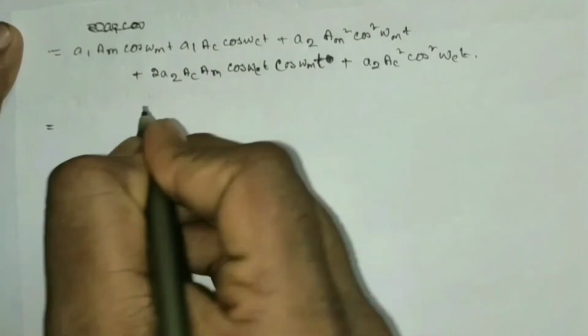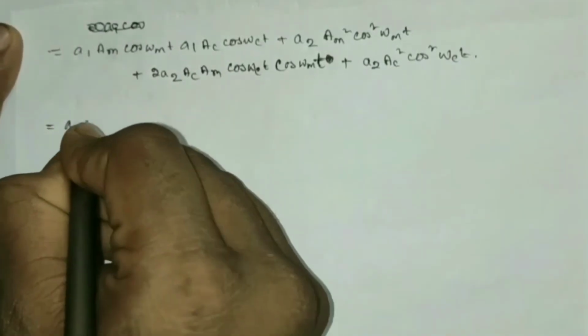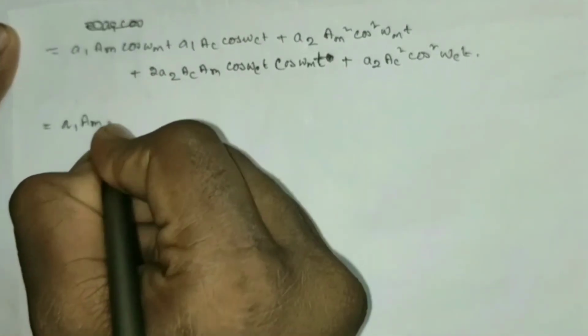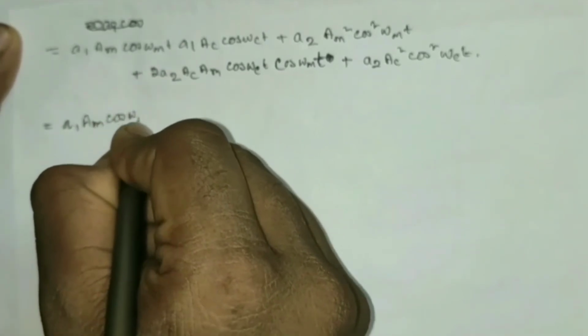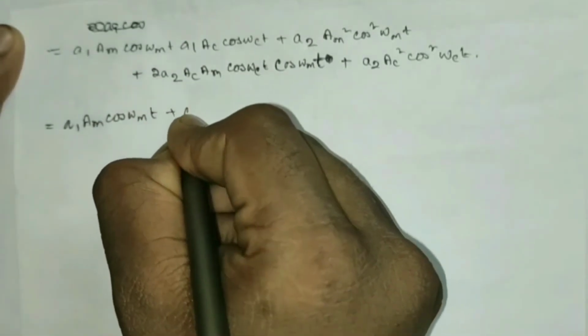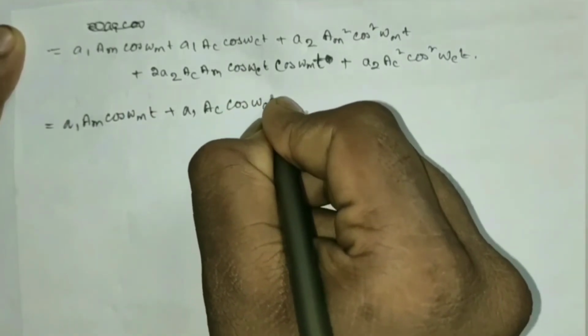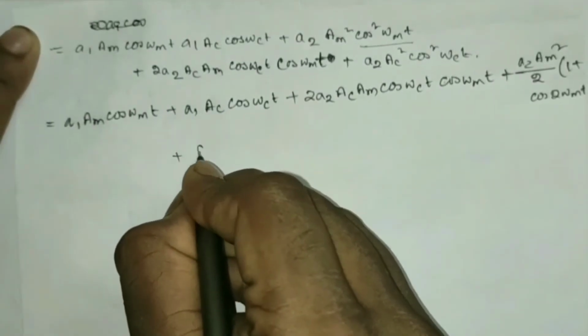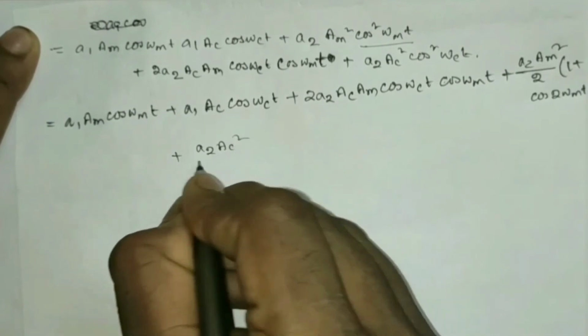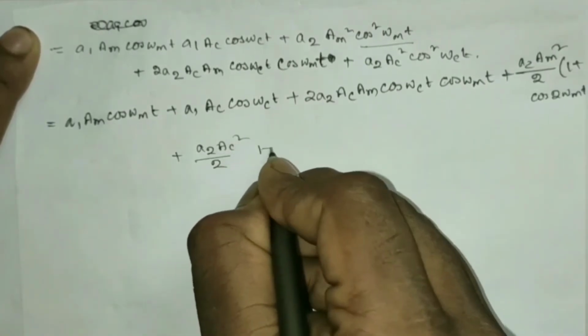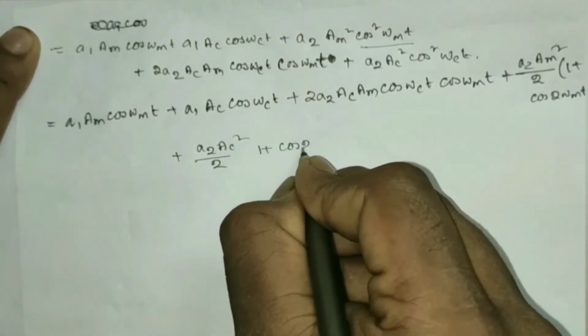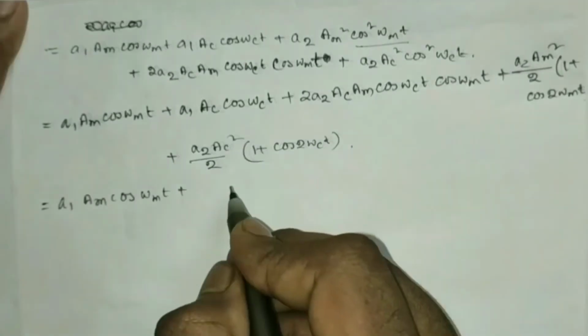This equals a1 Am cos omega m t plus a1 Ac cos omega c t plus a2 Ac square upon 2 into 1 plus cos 2 omega c t.